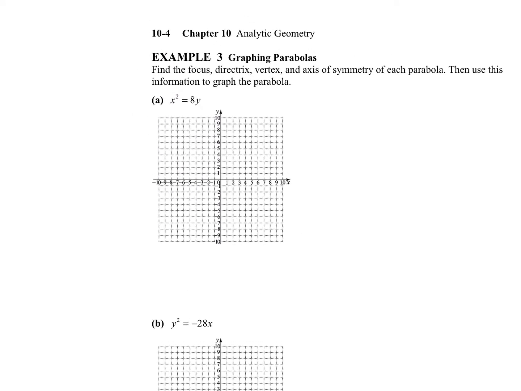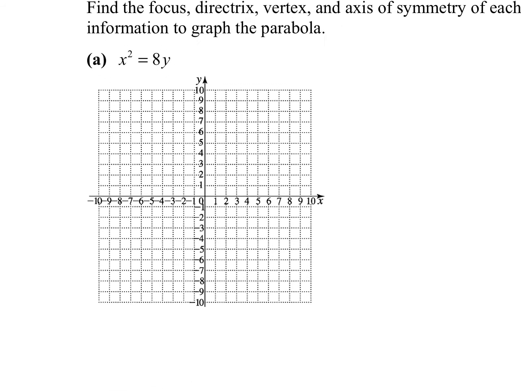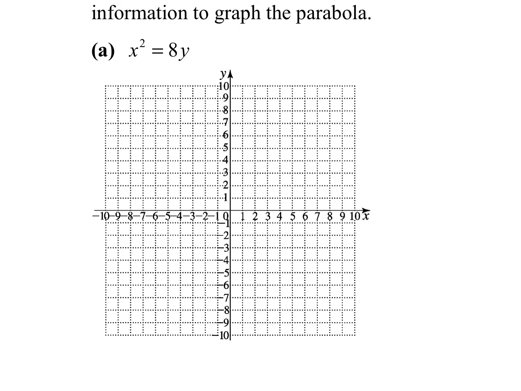Now let's use this idea of focus, directrix, and axis of symmetry. Take whatever form he gives it to you, you must solve it for whatever's being squared. That way I can look into here and realize that 4p is equal to 8.